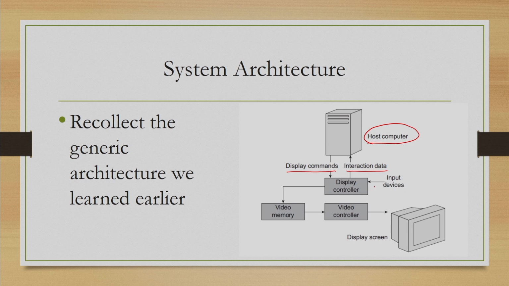Now, we have the display controller which is a dedicated graphics processing unit which may take input from input devices. Then the output of this display controller is stored in video memory, and this video memory content is used by the video controller to render the image on the screen. That is what we have briefly learned about earlier.